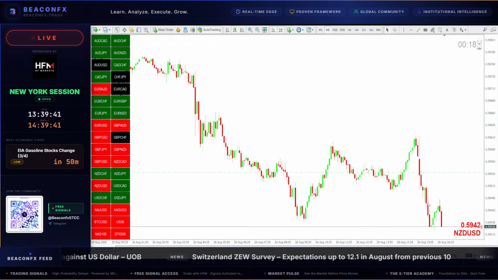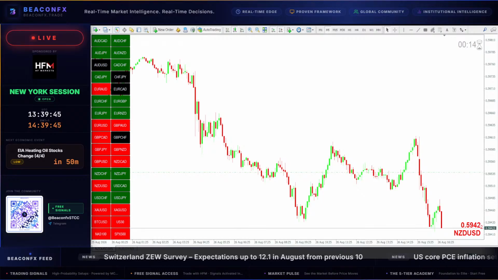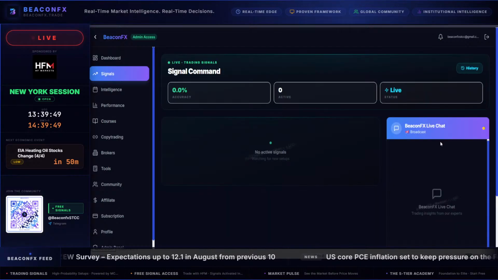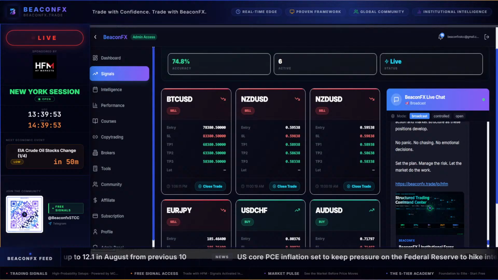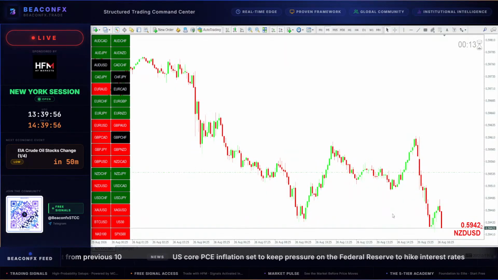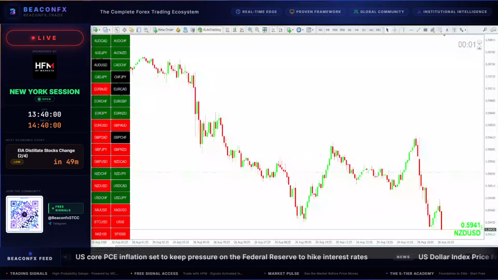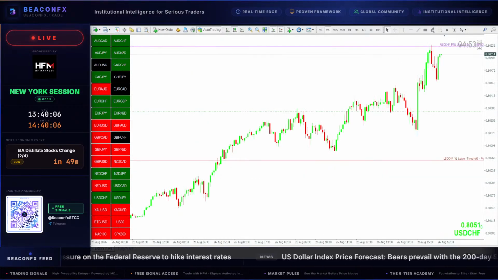The New Zealand US dollar is also positive, like you can see from here. It's a sell order and it's positive, and also US dollar CHF is also positive, still going up.